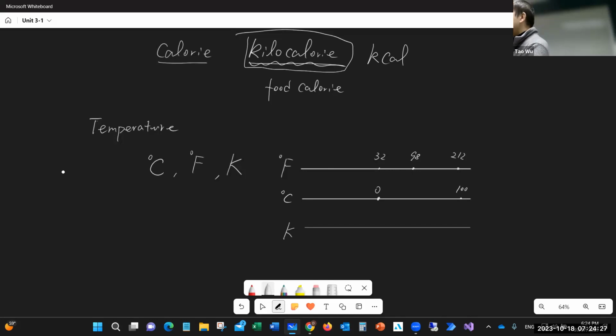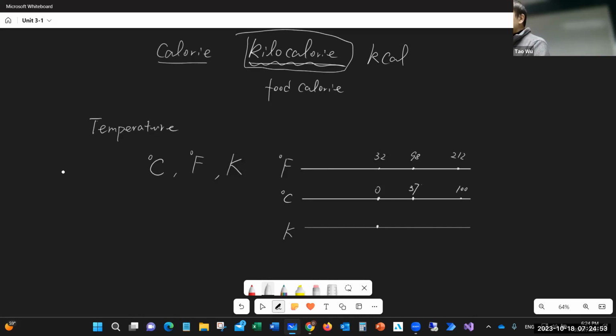This is how they define Celsius. The body temperature we talk about is about 36 point something, 36.8 or so. So this is a close number.